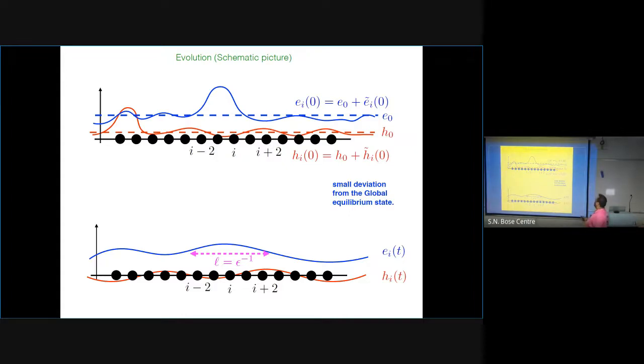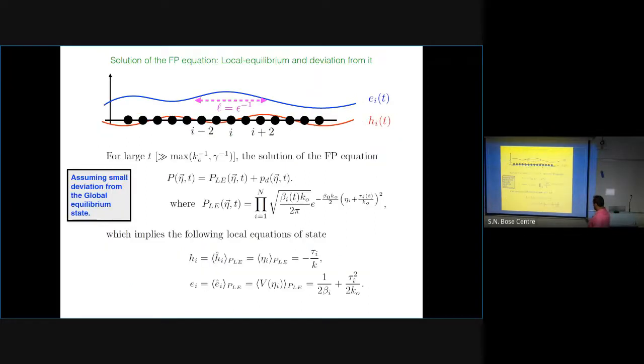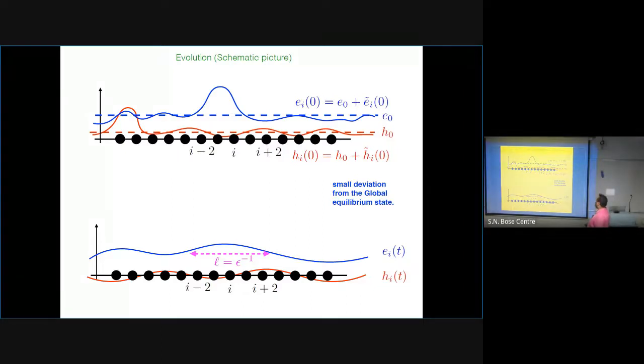As the system evolves, this quantity will also evolve, and the variation of these fields sets up a length scale over which you want to write down a hydrodynamic description. That description will give you the behavior on a length scale much larger than microscopic, of the order of system size.